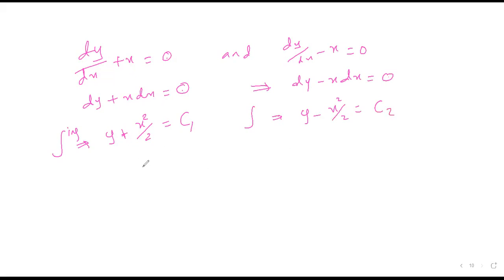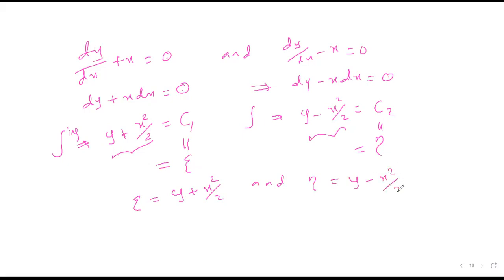So what is our theorem actually? Our xi and eta are constants, isn't it? So I'm taking this as my xi, this as my eta. So my xi will be y plus x squared by 2 and eta is y minus x squared by 2. So far we have found our xi and eta choices.